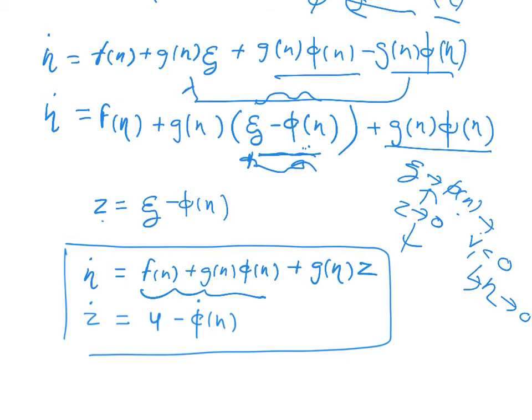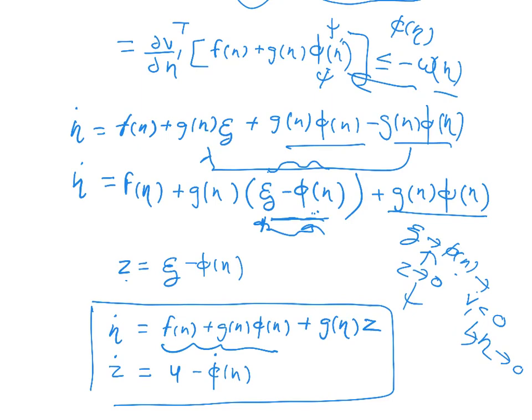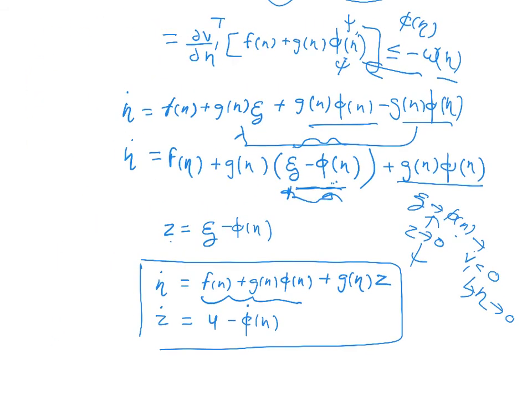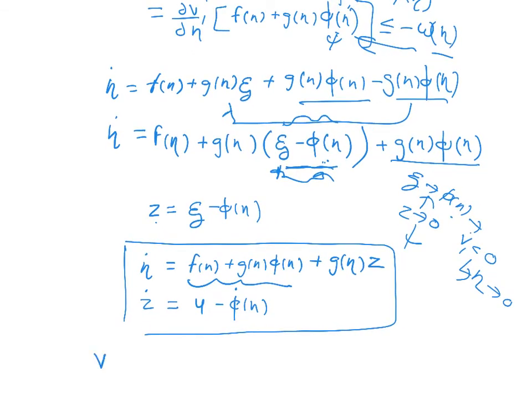One thing I think we want to do here also. Once we plug this thing in, we can recompute our V1 dot also, right, in terms of z. So V1 dot was equal to del V1 by del eta into f of n plus gn phi n, right, plus g and z, right?